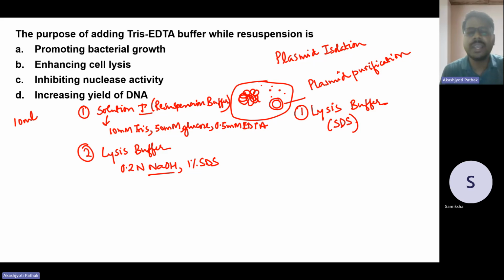NaOH denatures the DNA. It breaks the hydrogen bonds present between the polynucleotide strands. It denatures both the plasmid DNA and the chromosomal DNA.